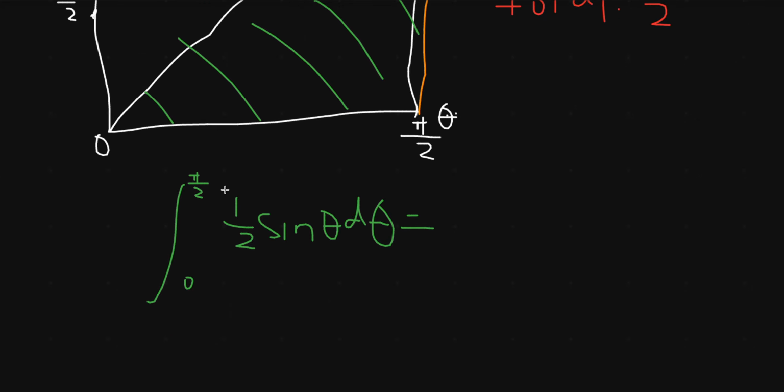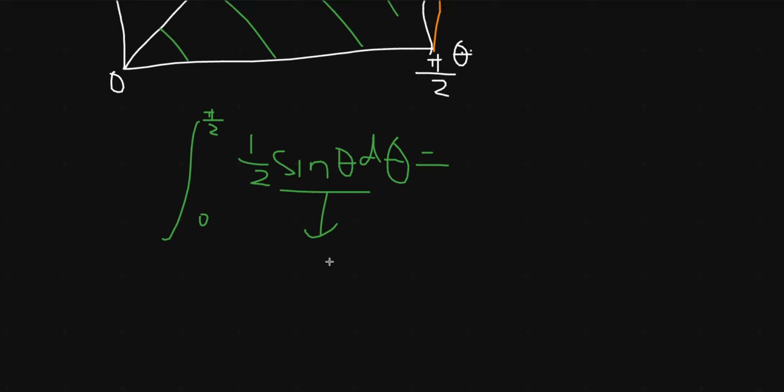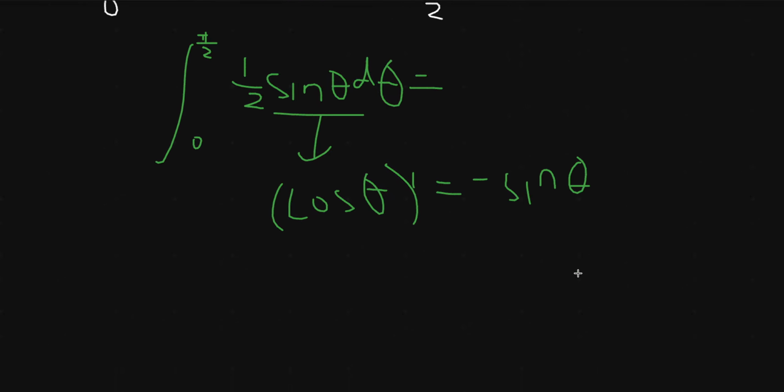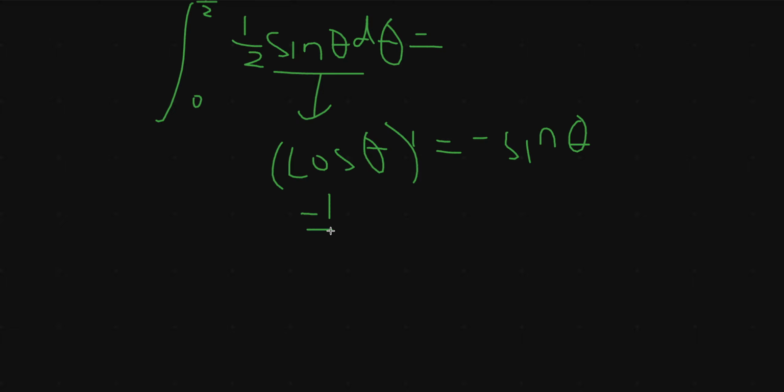This is called an integral, and in order to find integrals, we want to find the original function. Let's recall, what function gives the derivative of sine theta? As we know, the derivative of cosine theta is negative sine theta. So automatically, it's negative half cosine theta.